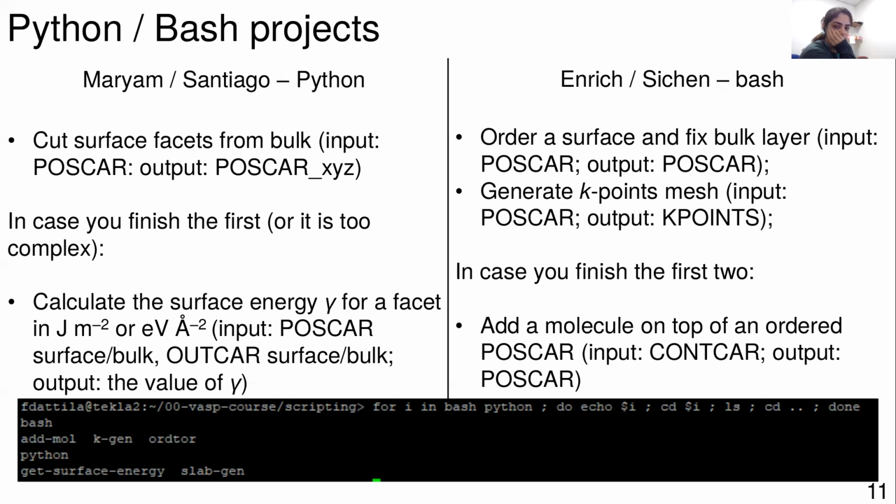So you start with the surface alone, the molecule alone, and then you make a script that combines the two and gives you a new structural file, where you now have the molecule on top. CONTCAR and POSCAR are equivalent, they have the same shape.